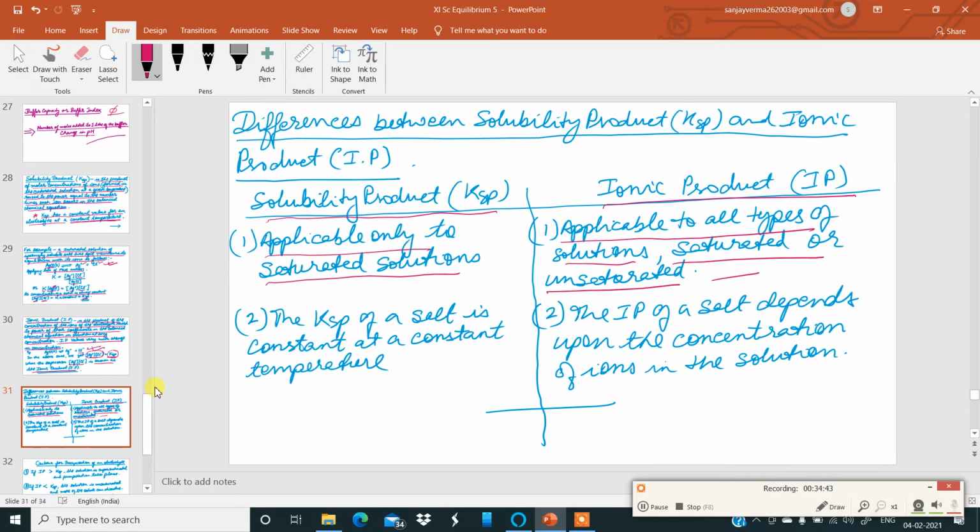Number 2, the solubility product of a salt is constant at a constant temperature, but the ionic product of a salt depends upon the concentration of ions in a solution, independent of temperature. So these are the two differences which you must keep in mind always under solubility product and ionic product.